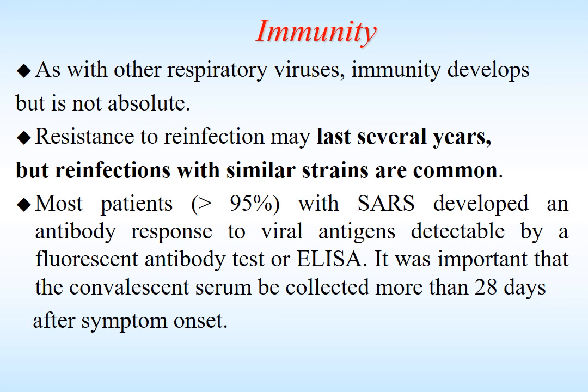Most patients with SARS developed an antibody response to viral antigens detectable by a fluorescent antibody test or ELISA. And it was important that the convalescent serum be collected more than 28 days after symptom onset.